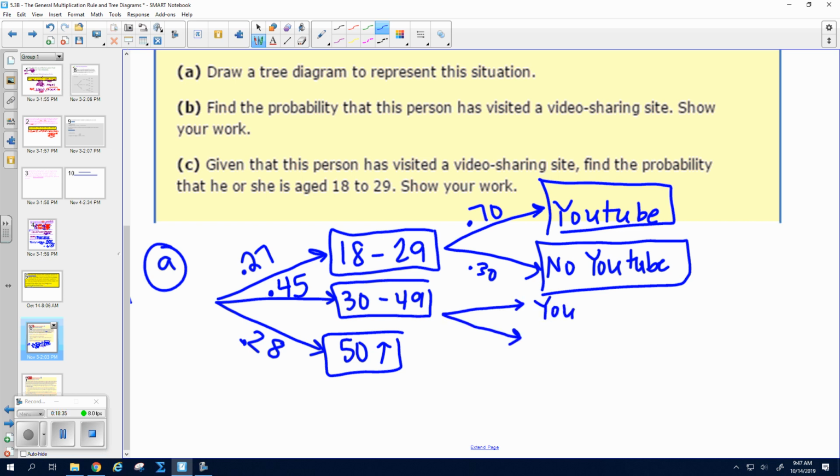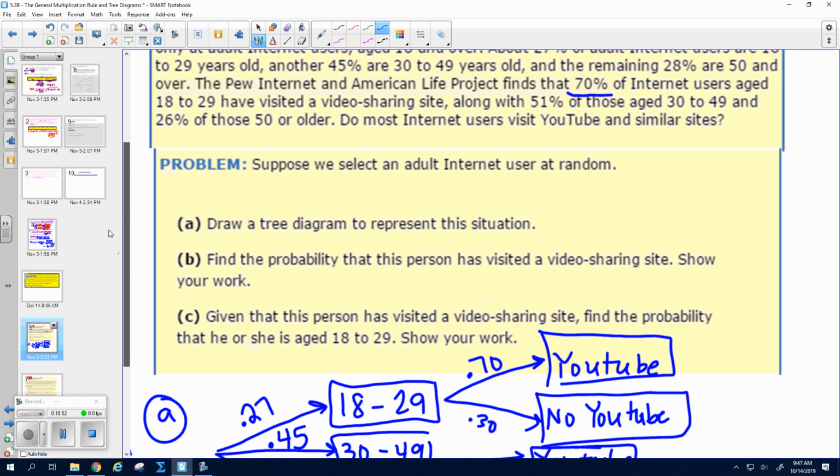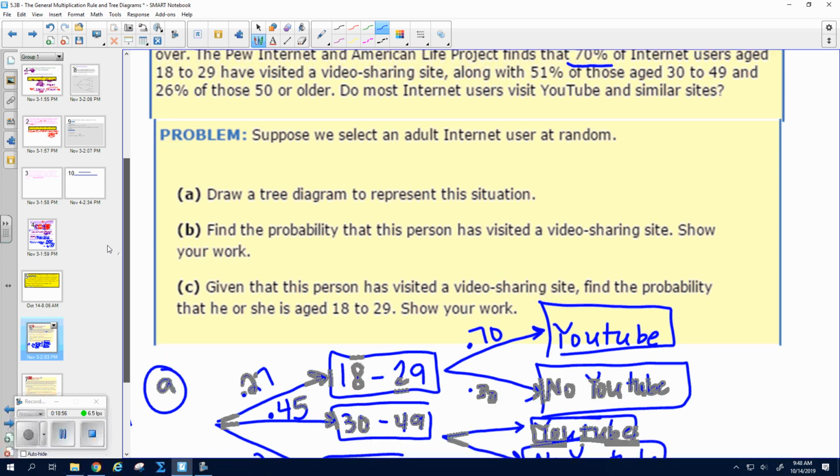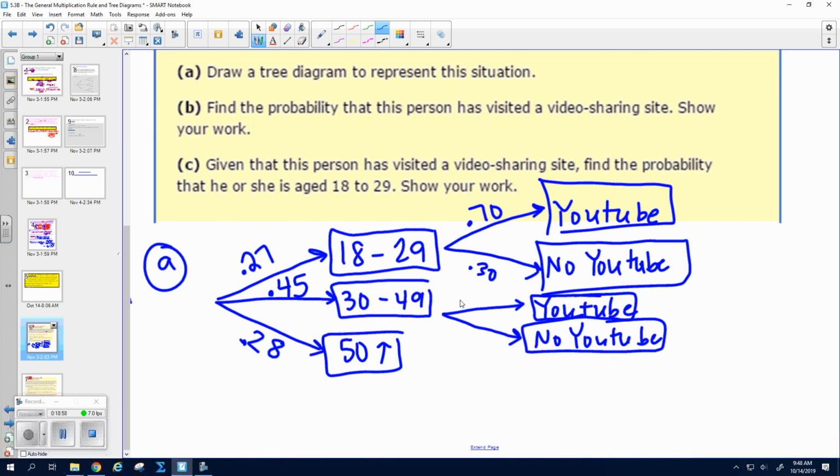Okay, and then we have from our 30 to 49-year-olds, those who have visited YouTube and those who have not. And we go back and see what it says. So it says 51% of those 30 to 49 have visited YouTube. So what percent have not? 49.